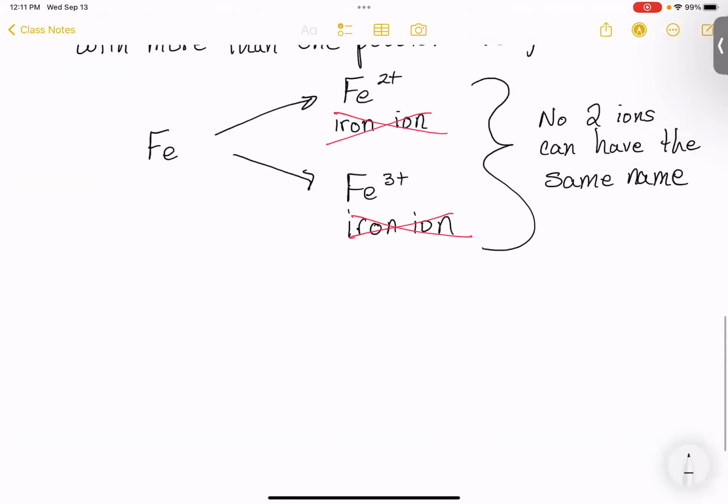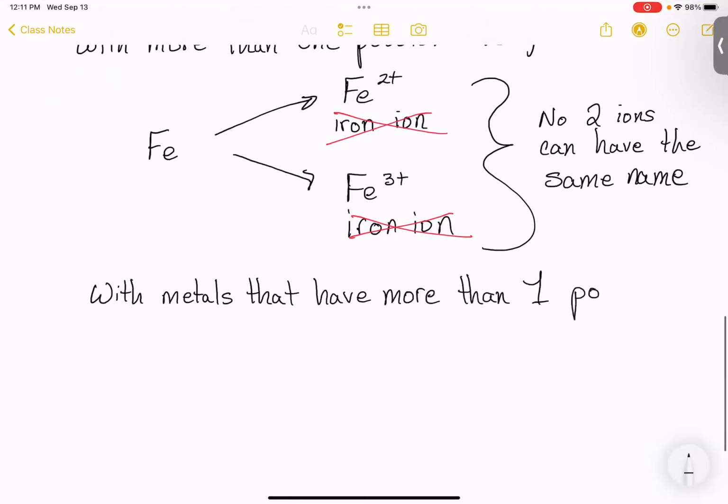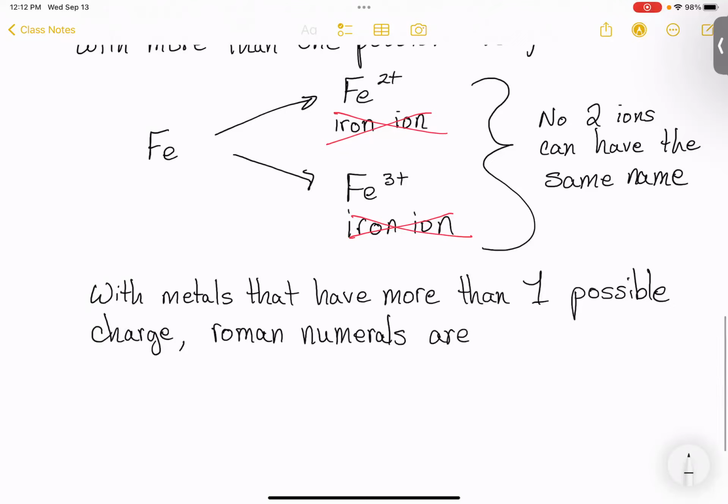So with metals that have more than one possible charge, Roman numerals are used to indicate the charge.